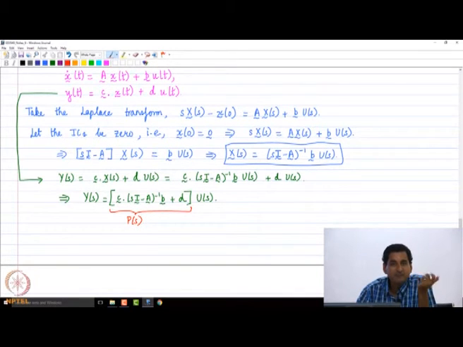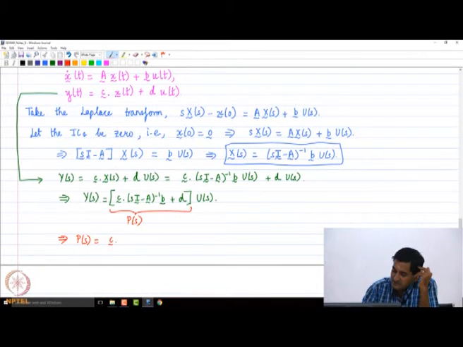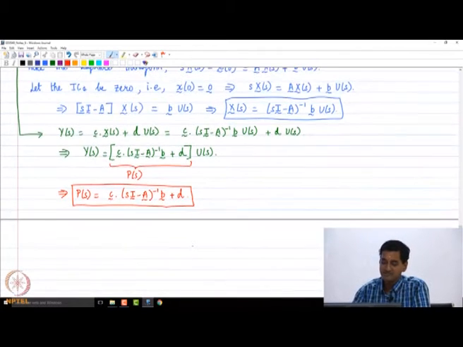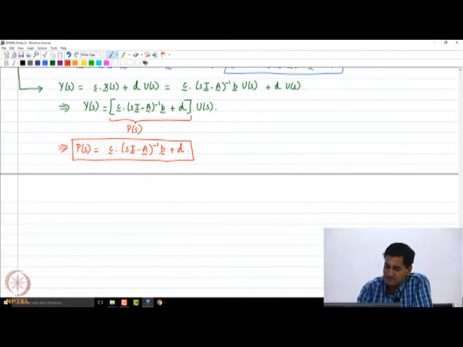P of S, the plant transfer function. What is the definition of the plant transfer function? It is the ratio of the Laplace of the output to the Laplace of the input when all initial conditions are 0. That is what we did. So this implies that for the general class of SISO LTI causal systems, the plant transfer function is related to the state space representation through this formula: C dot sI minus A inverse B plus D. What is the sequence of operations here?